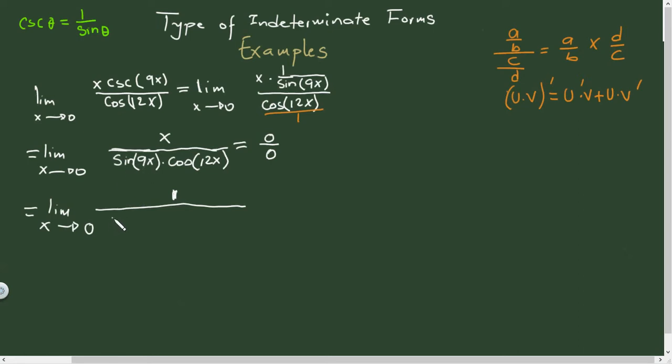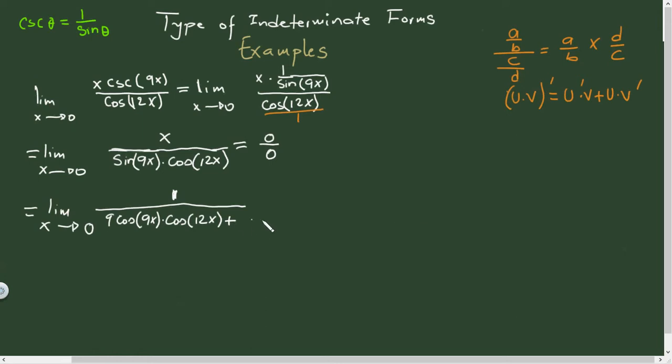It is 9 cosine of 9x, times cosine of 12x, plus the derivative of the cosine, which is minus sine.